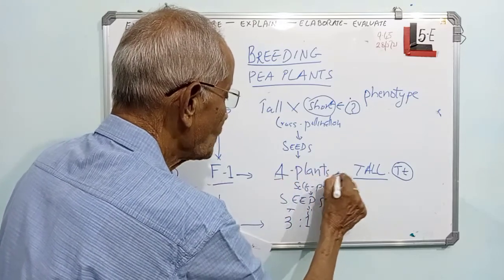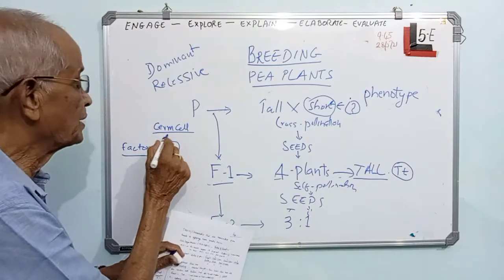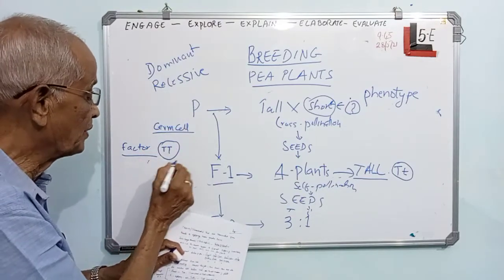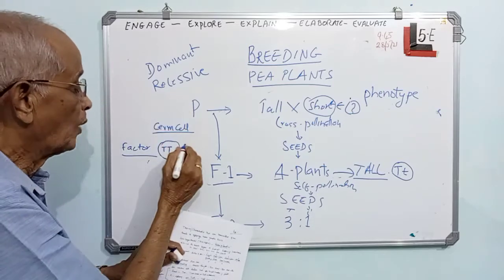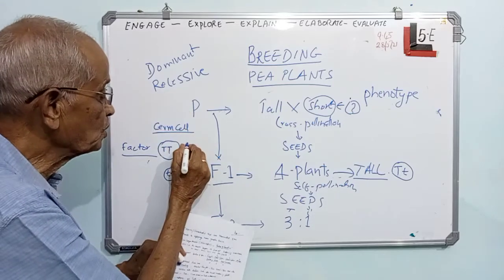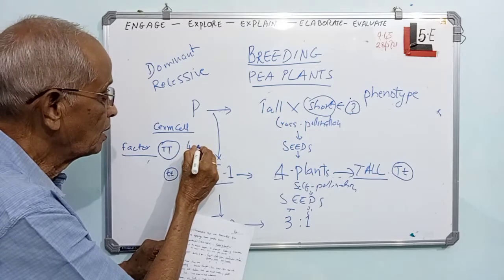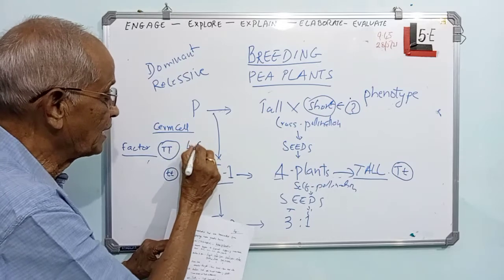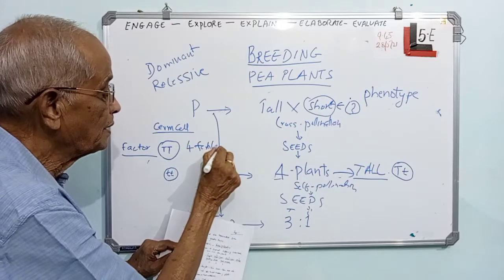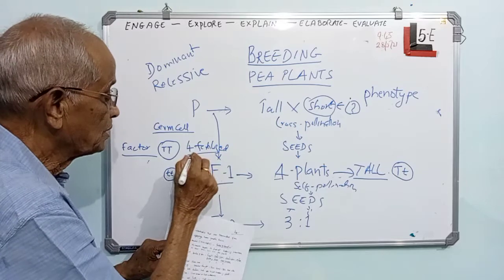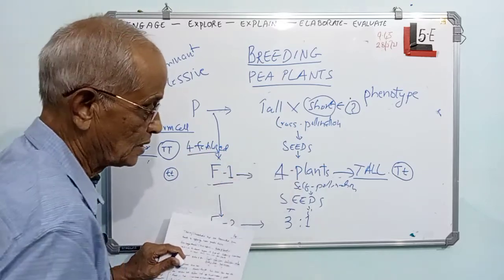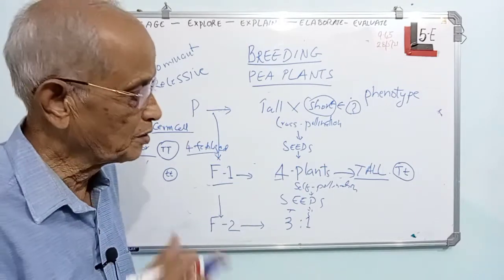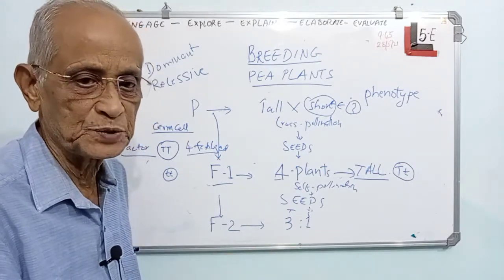Because when pollination and fertilization take place, they divide into four fertilized portions, and these 4 will become plants. This was the study made during meiosis. You can study meiosis to understand this much better.